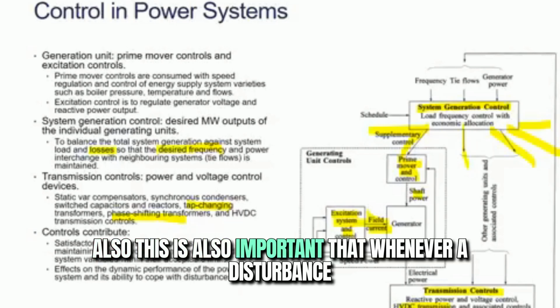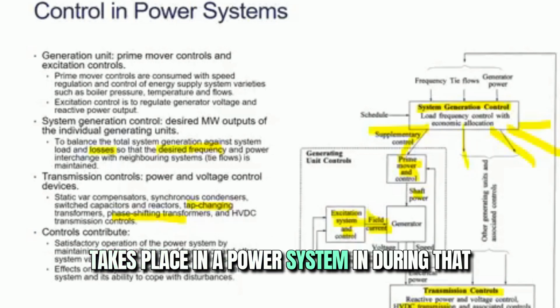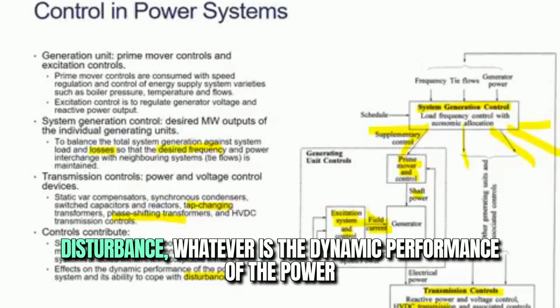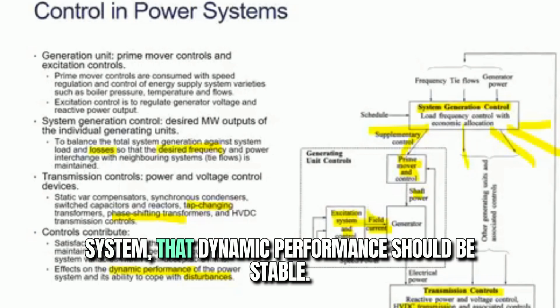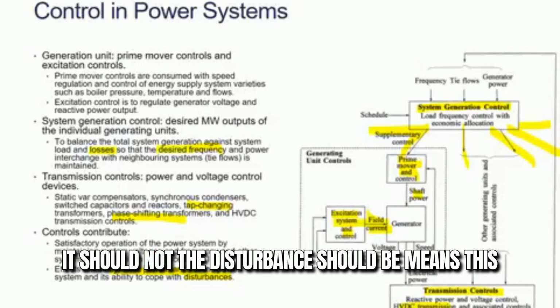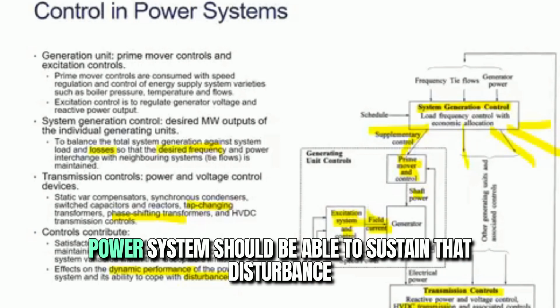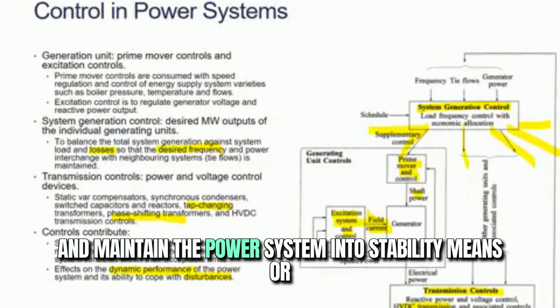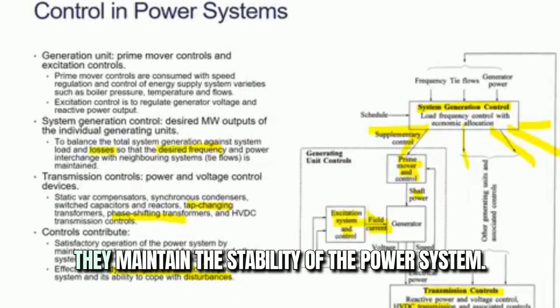Also, this is important: whenever a disturbance takes place in a power system, the dynamic performance of the power system during that disturbance should be stable. The power system should be able to sustain that disturbance and maintain the stability of the power system.